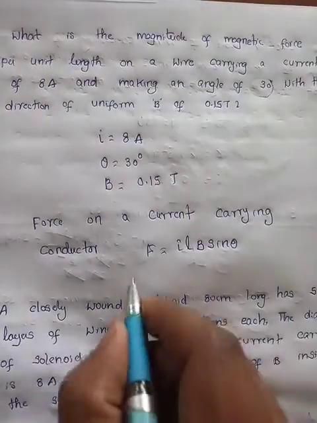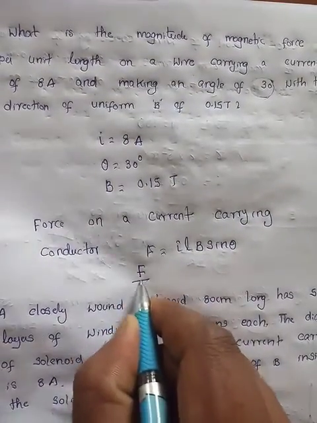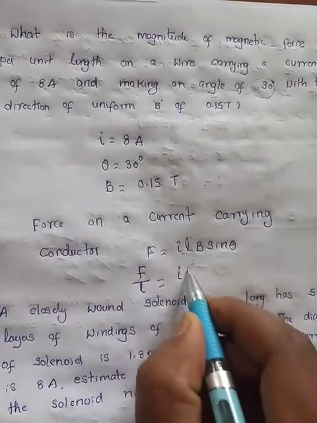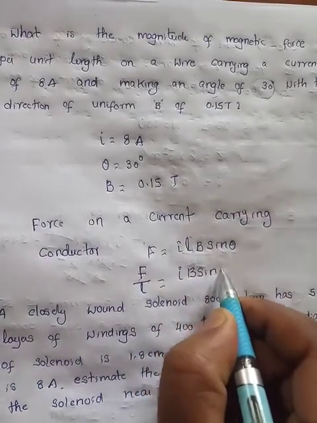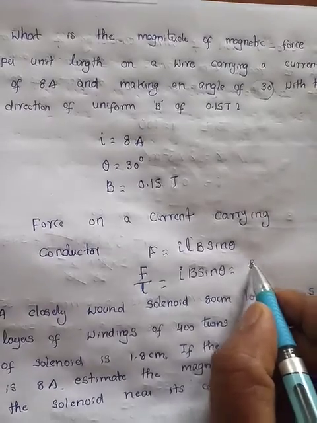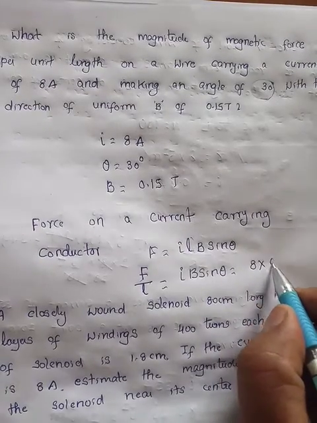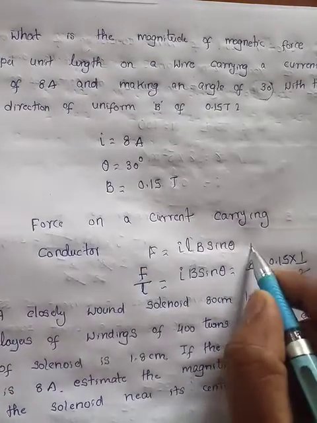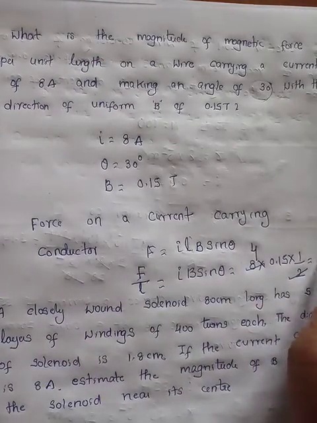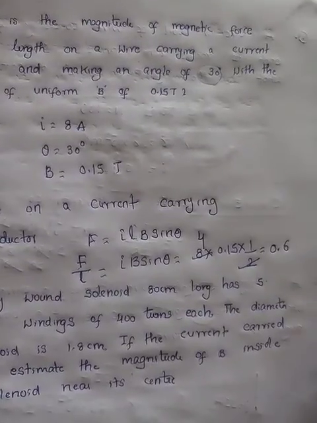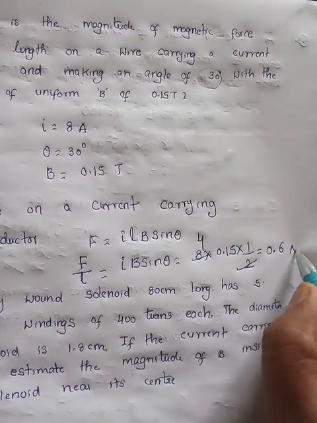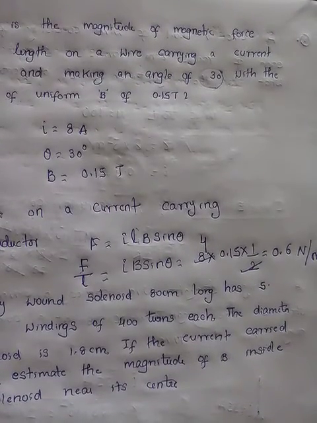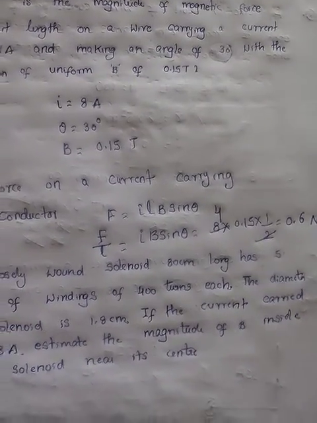So we should calculate F by L, that is force per unit length, which is IB sin theta. I is 8, B is 0.15, sin 30 is 1 by 2. 2 ones are 2, 2 fours are 8, 15 4s are 60. So 0.6 newtons per meter. Force is in newtons, length is in meters. Okay, next one.